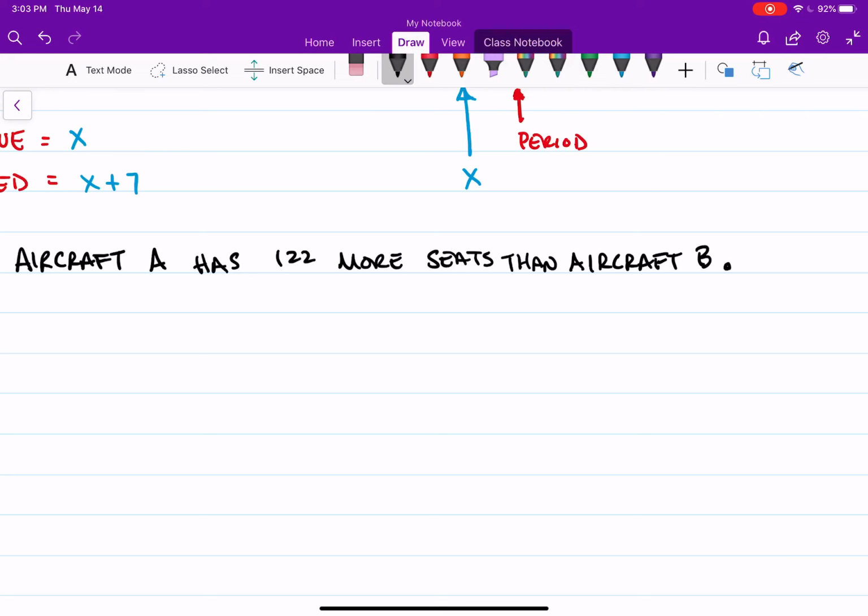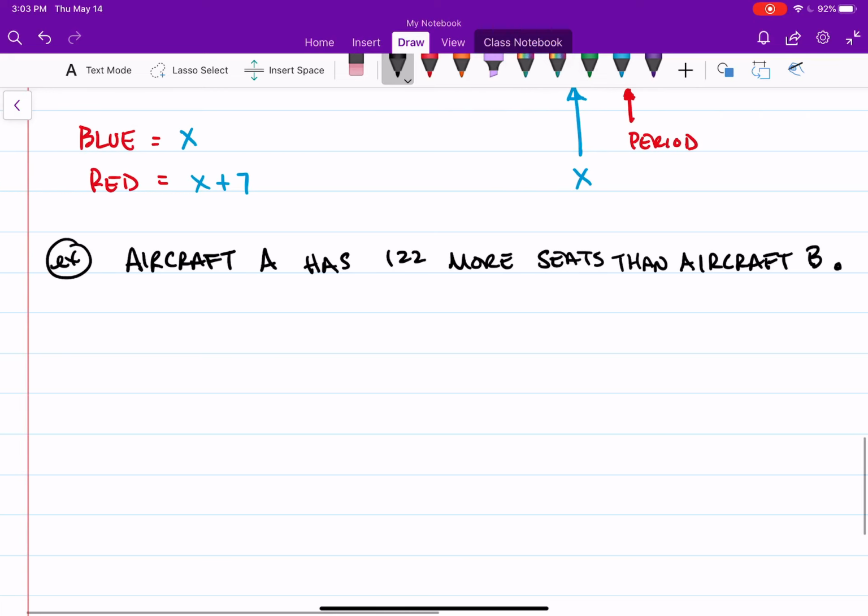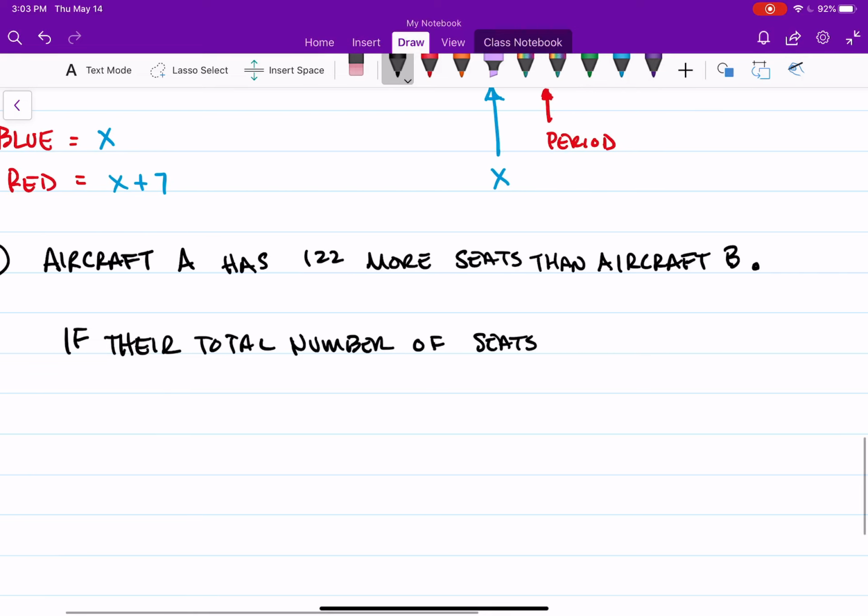And then it continues on, it says, if their total number of seats is 686.